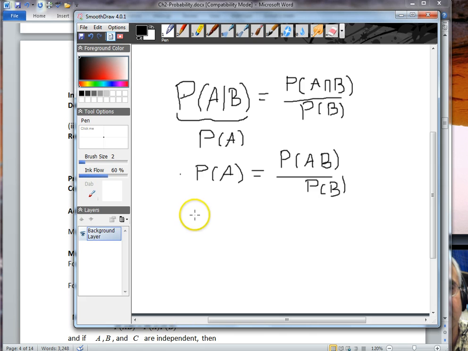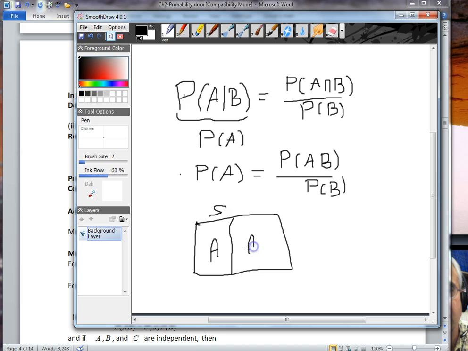So if I have here a sample space, this is my sample space S, and say this is my event A, and this would be my event A complement, and we know the probability of S is 1, so P of A plus P of A complement would be the probability of the whole sample space, which is 1, and that's where that comes from. Okay.